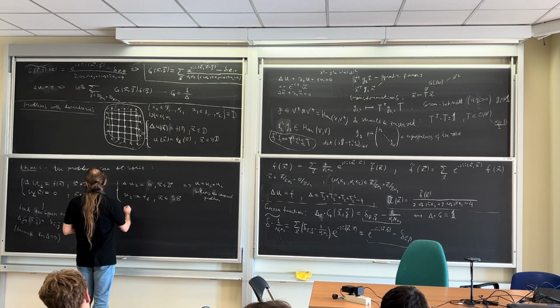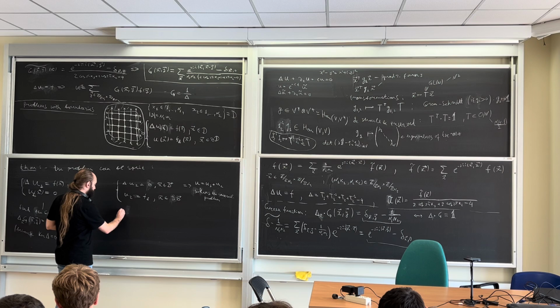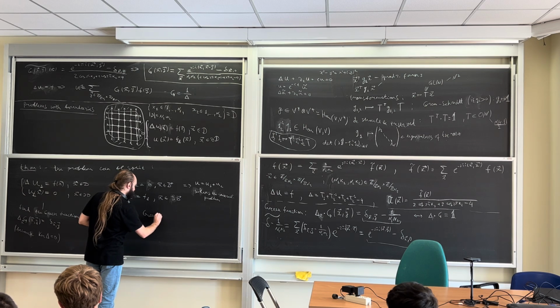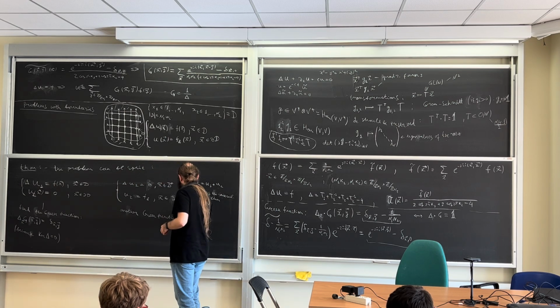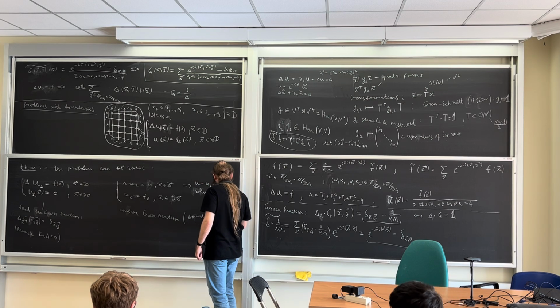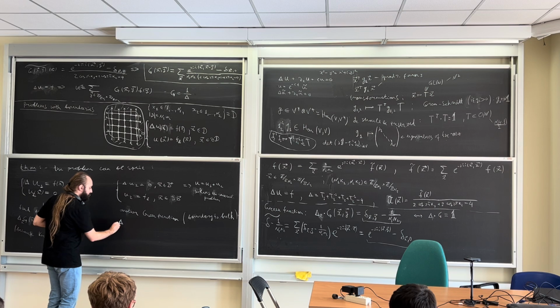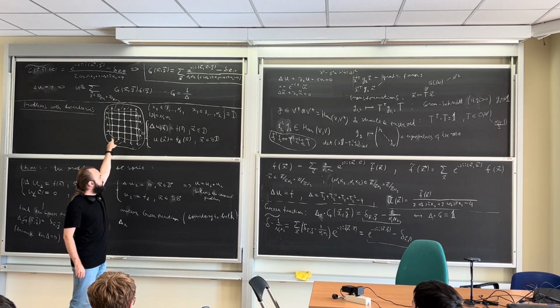We can try to find another Green function, maybe we can call it boundary to bulk, like the internal part.